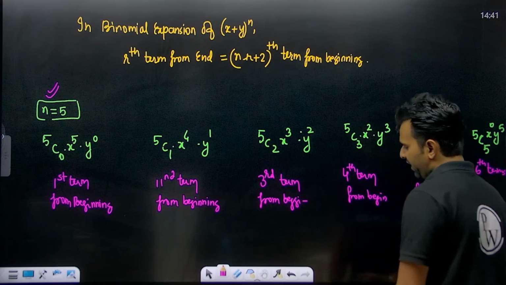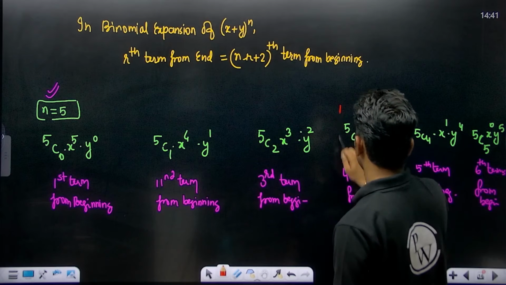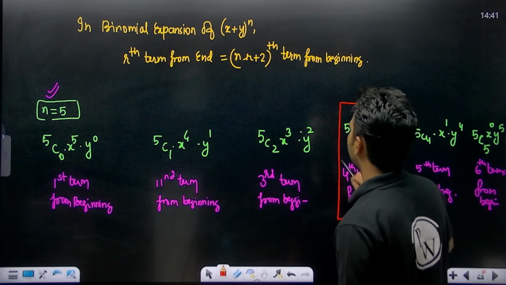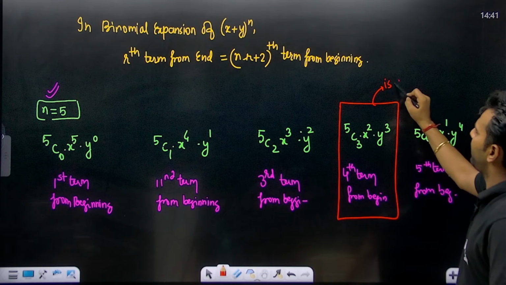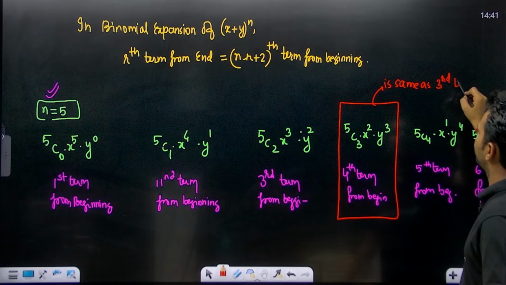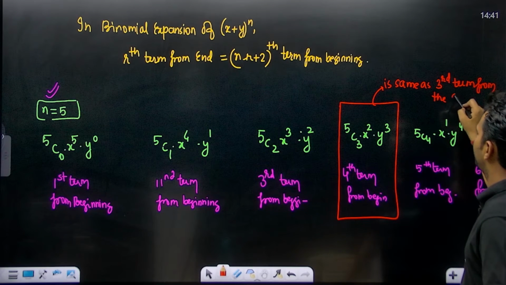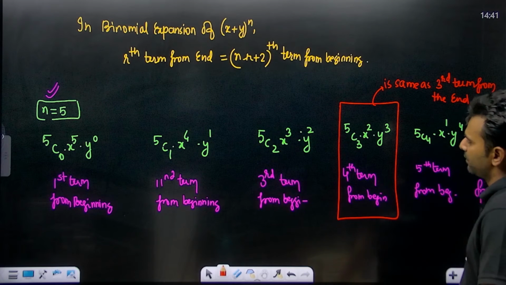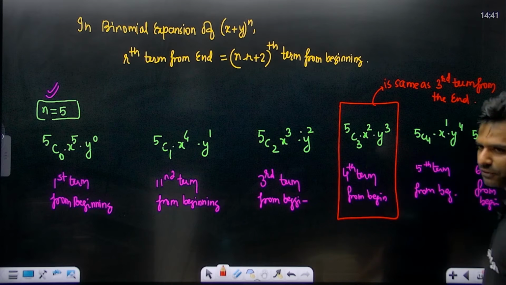Understand that if I am talking about fourth term from the beginning, then from the end, this is which particular term? Is same as third term from the end. Fourth term from the beginning is nothing but third term from the end, yes or no?